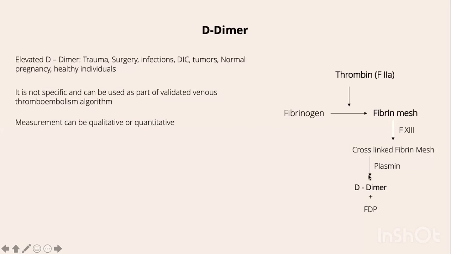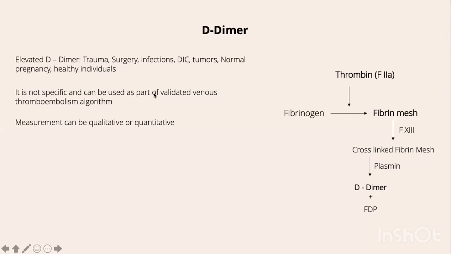So here we measure the D-dimer. We see whether it's increased or decreased. What are the causes of increased D-dimer? Trauma, surgery, infections, DIC, tumors, even normal pregnancy, and healthy individuals may have elevated D-dimer. That's why it's not specific.